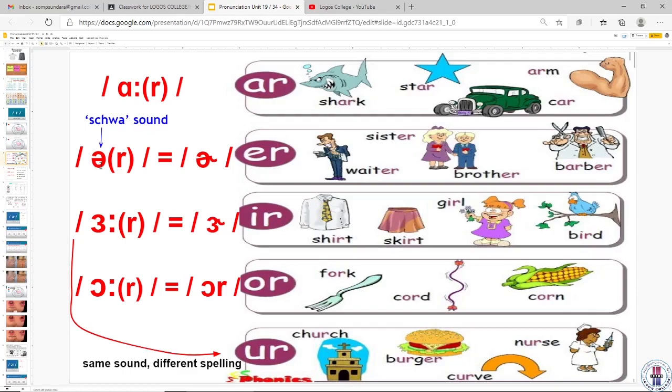I apologize. So the schwa and the r makes the er sound, as in waiter, sister, brother, barber. This usually occurs in unstressed syllables, because the schwa is an unstressed vowel sound.